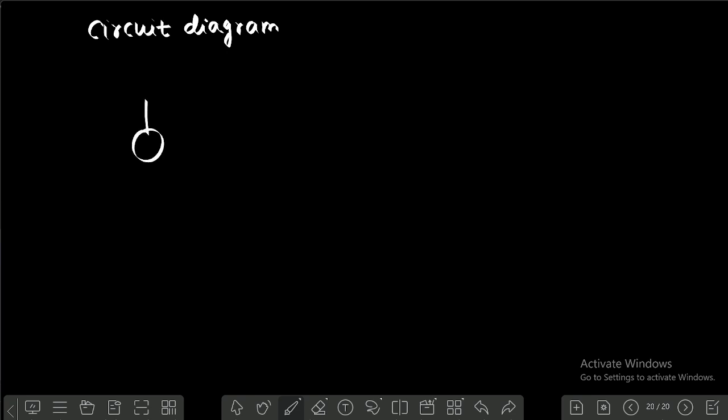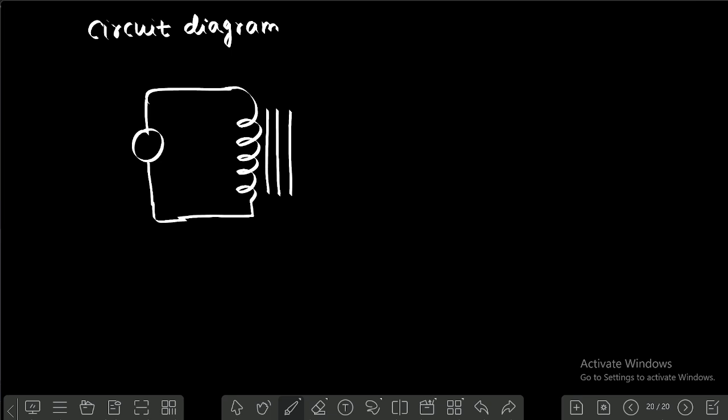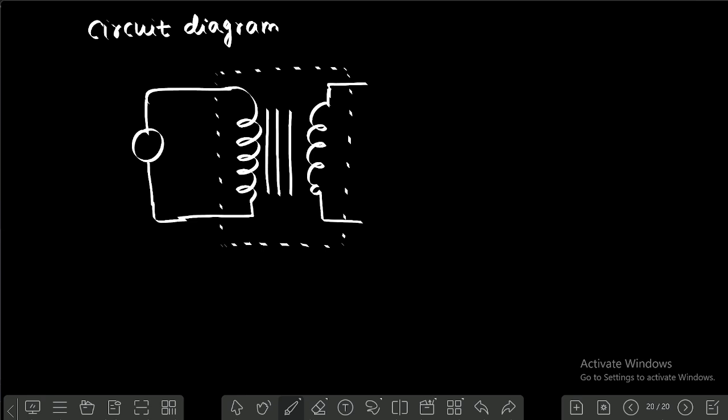You take one AC signal connected to a transformer. All of you listen carefully. This region is the transformer. It has two coils, which I have drawn: the primary coil and the secondary coil.